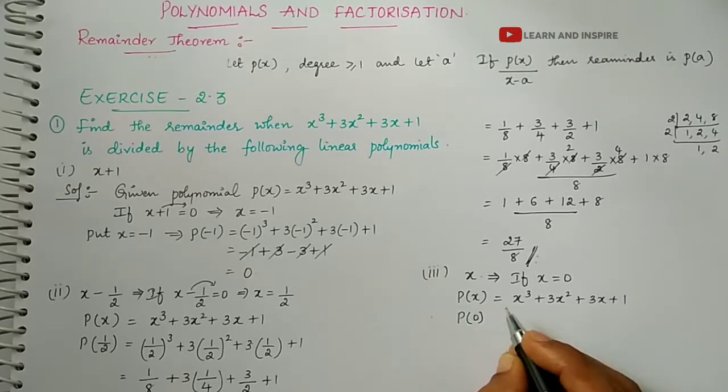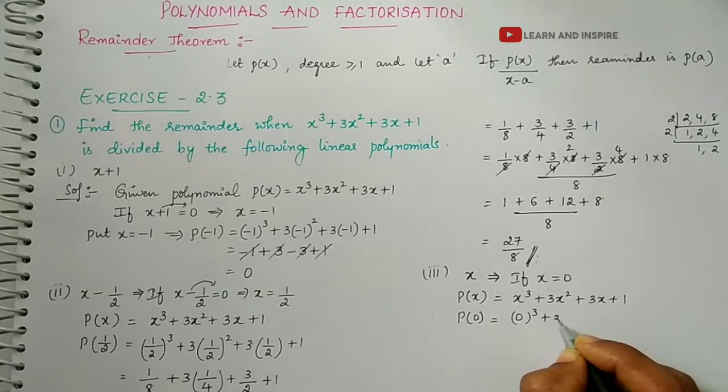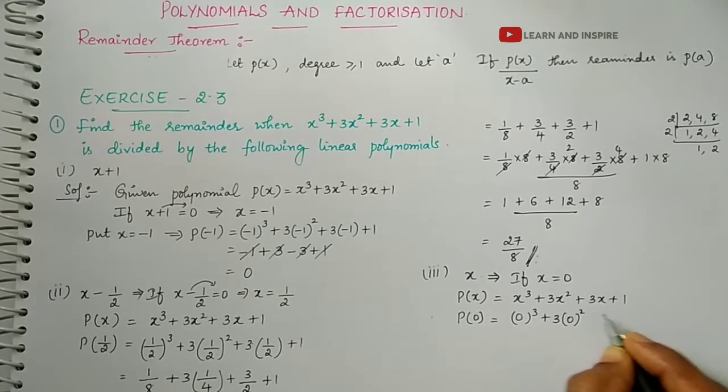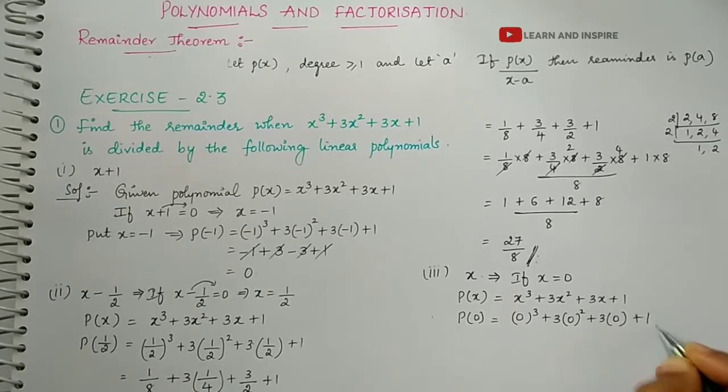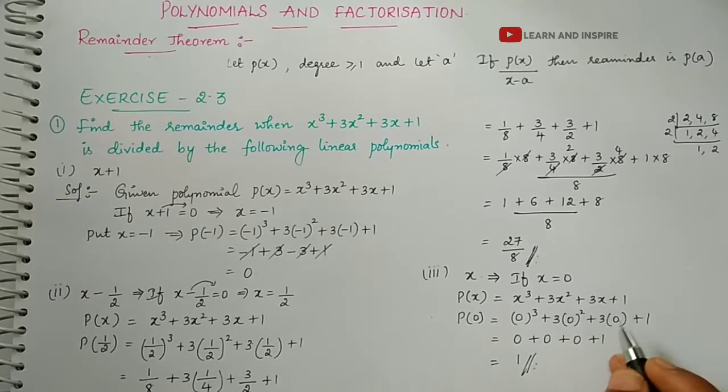If we substitute x is equals to 0, then we get 0 cube plus 3 into 0 square plus 3 into 0 plus 1. 0 cube is 0, 3 into 0 square is 0, plus 3 into 0 is 0, plus 1. So we get 1. When we substitute x is equals to 0, the remainder is 1.